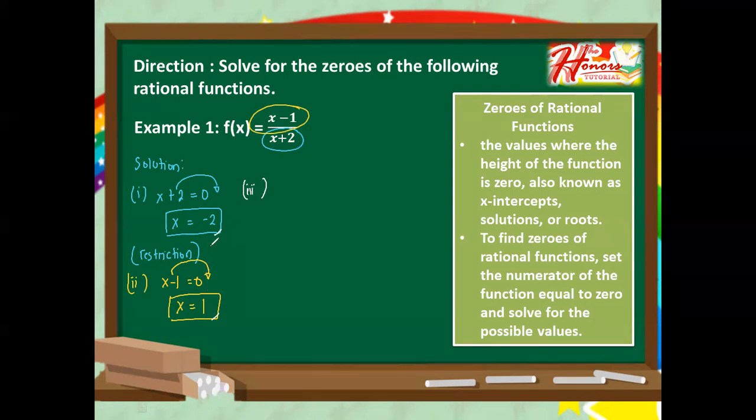Because if they are not the same, we can use this x = 1 as the zero of f(x). So, since they are not the same, we will write zeros of f(x), that is x = 1. And that's it. This is the final answer.